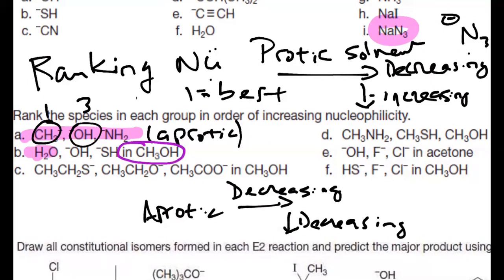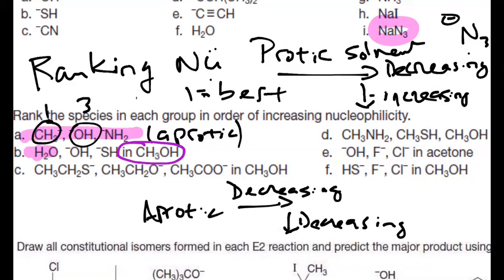There's a whole list of solvents in this handout, protic and aprotic. My suggestion is to drill them, just keep going over them until they stick. But if you ever see an alcohol like methanol, ethanol, or water, any type of acid or alcohol, it's protic.